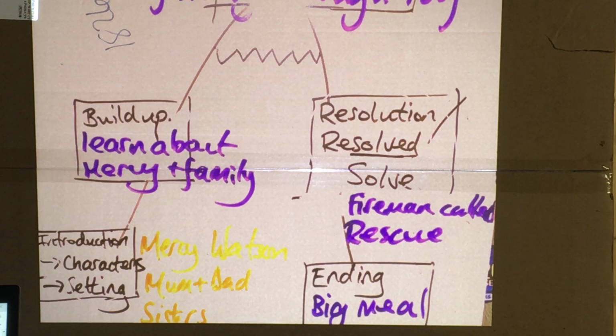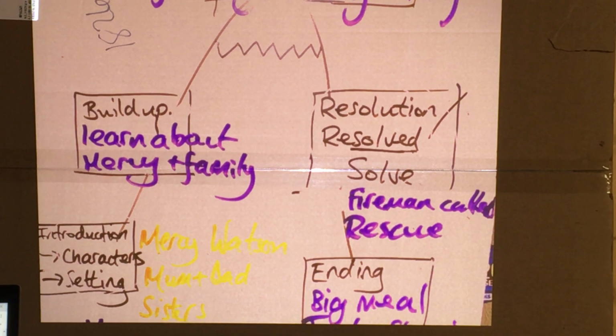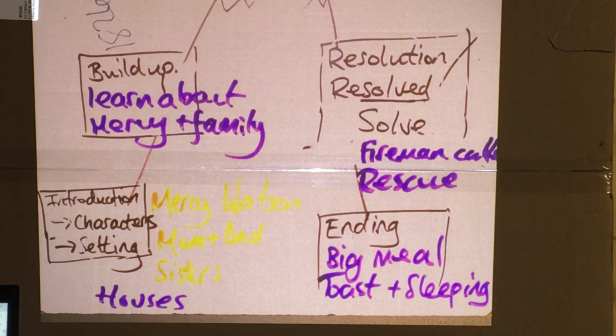If you remember, they all sit around that table, and guess what happens? Oh, there's lots of toast. And then if you remember, there's lots of sleeping, isn't there? Oh, and I think this kind of starts and ends in a similar way, doesn't it? With them singing, and Mercy sleeping on the bed, them thinking Mercy is fabulous.